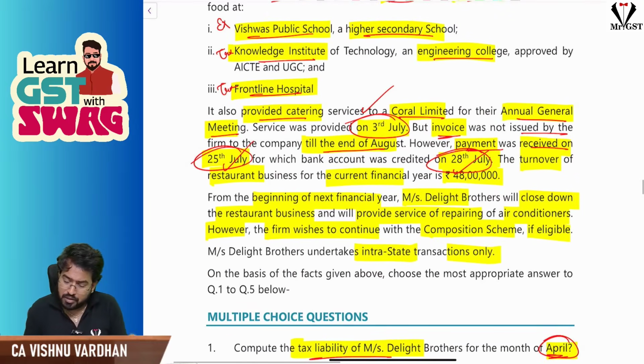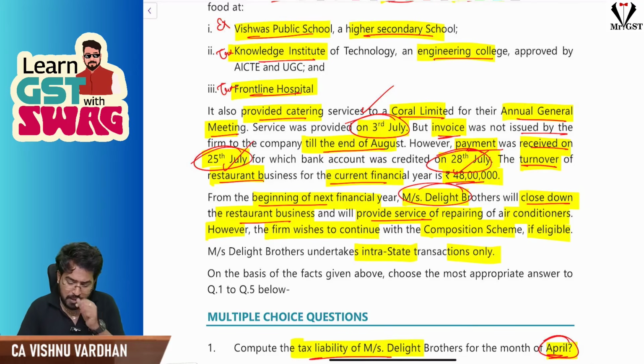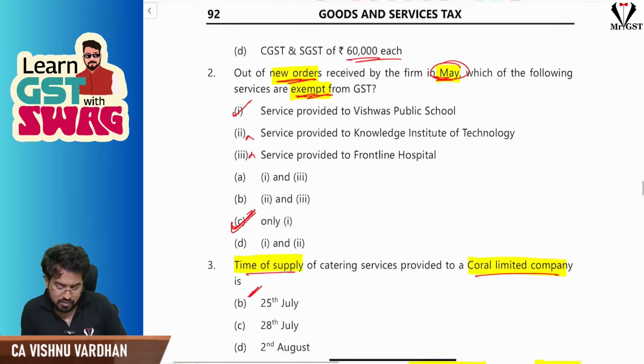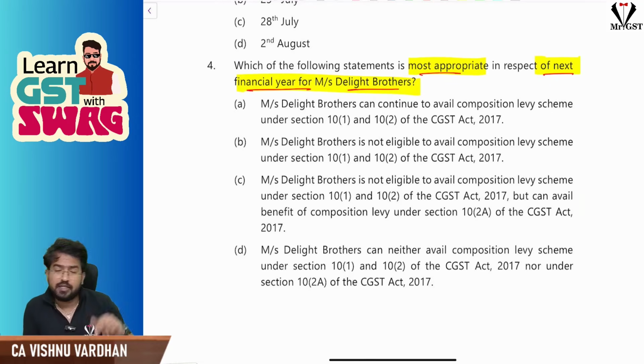Next, the turnover of the restaurant business for the current financial year is 48 lakhs. At the beginning of the next financial year, Delight Brothers will close down the restaurant business and provide servicing and repairing of air conditioners. However, the firm wishes to continue the composition scheme if eligible, and they are undertaking only intrastate transactions. Most appropriate statement: they are closing the restaurant and going for AC repair.